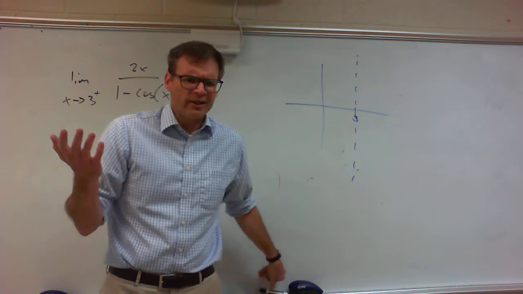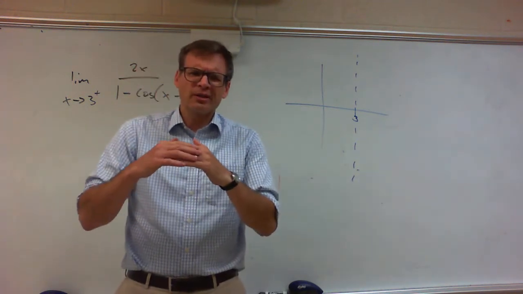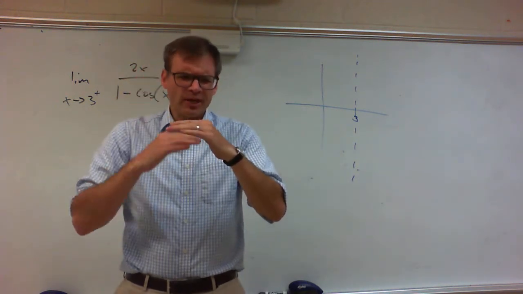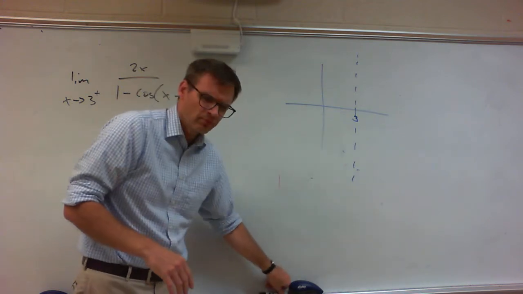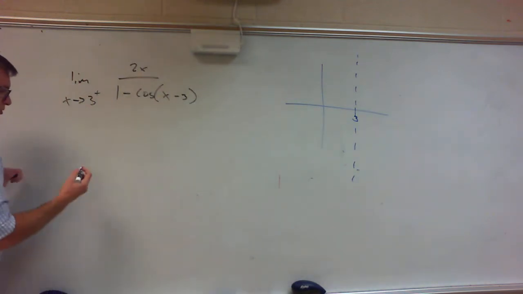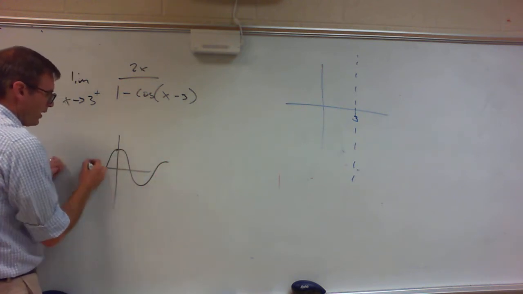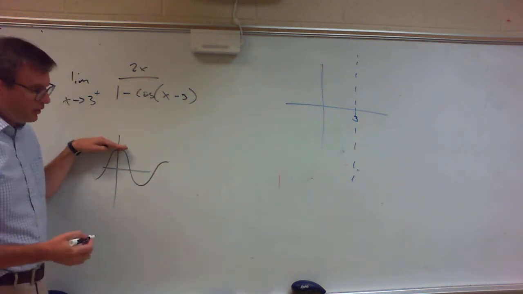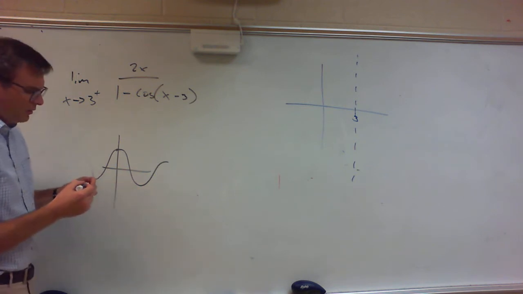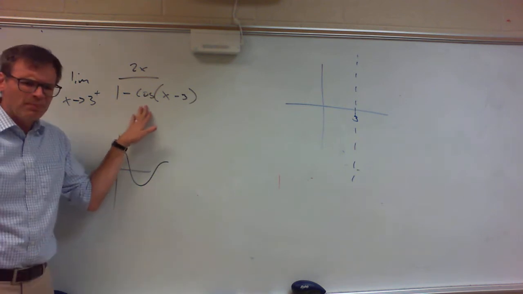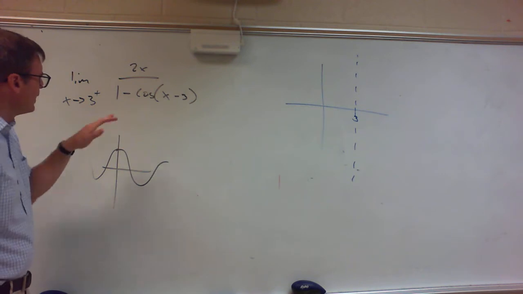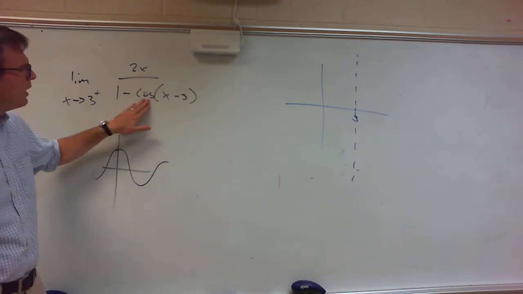When I deal with cosine, I think, well, the biggest cosine gets is 1, and the smallest cosine gets is -1. Because this was your graph of cosine. It started here and it did this, and it's a nice big wave. The biggest it got was 1, the smallest it got was -1. Well, let's think about what happens to the bottom.